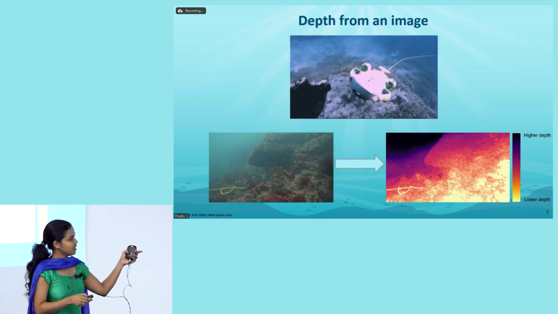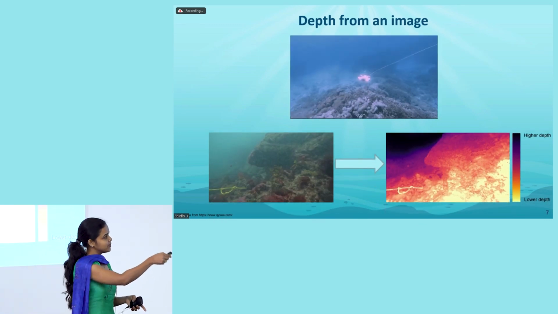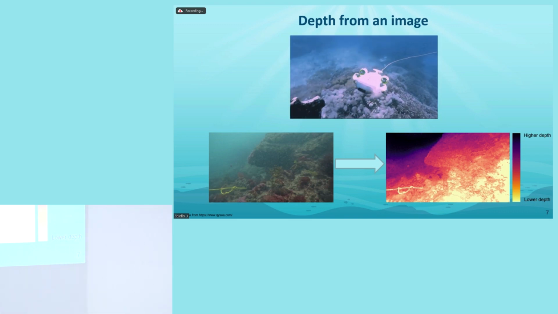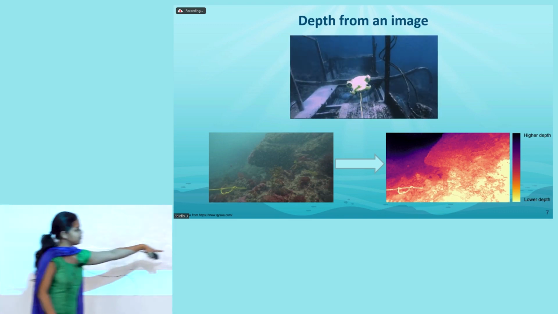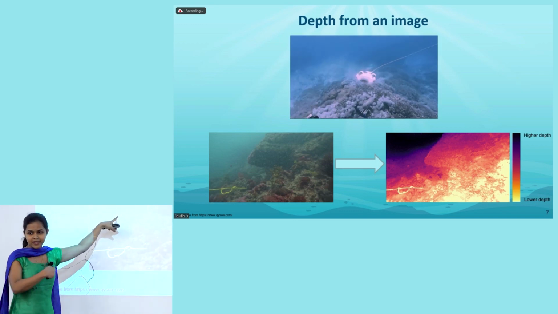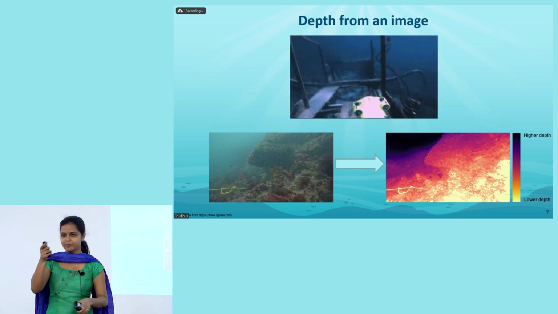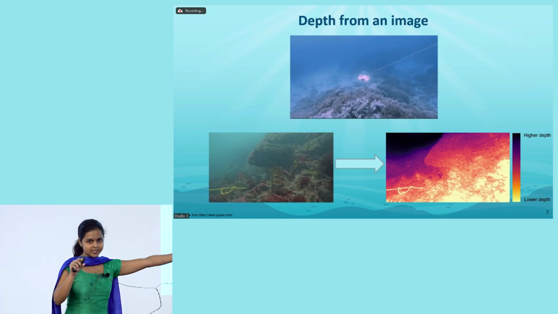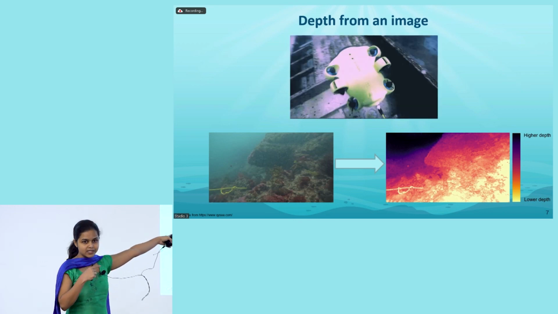Here an example of depth from a single image is given. As a human being I can say that this portion is near to my eye and this portion is far away from my eye. That is the depth information. This portion has a lesser depth and this portion has a larger depth.